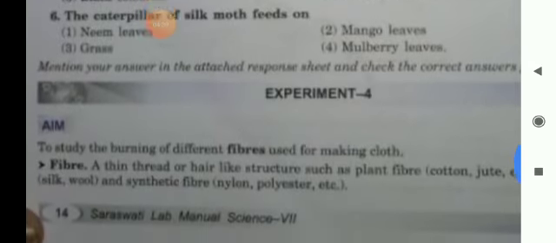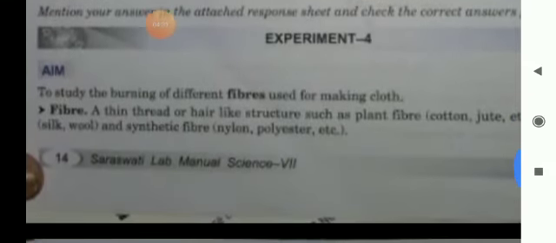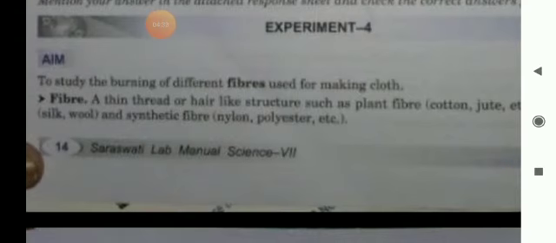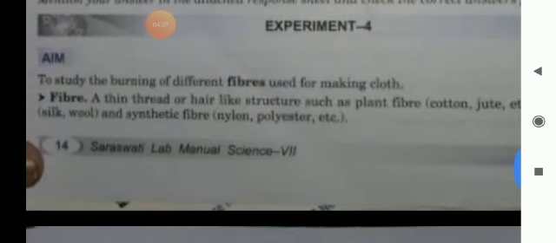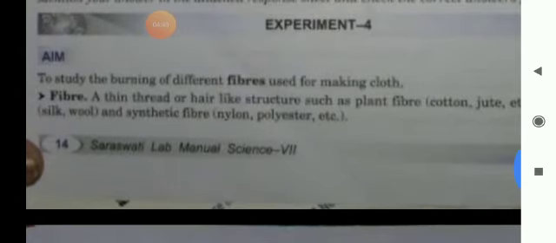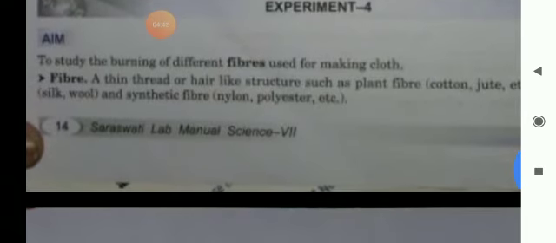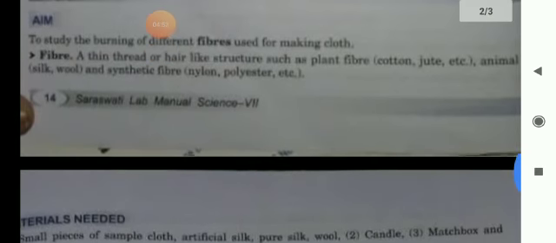Now next is experiment number 4. The aim of the experiment is to study the burning of different fibers used for making cloth. Different fibers burn differently. First of all, what is fiber?